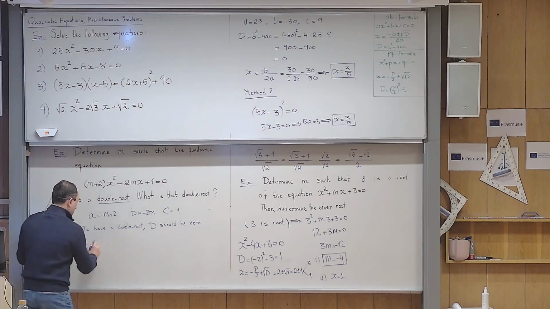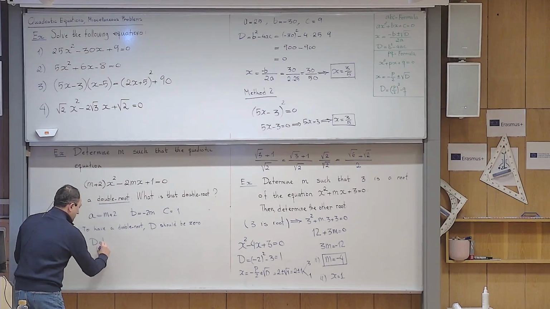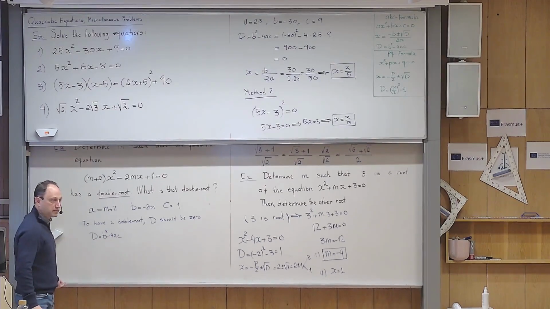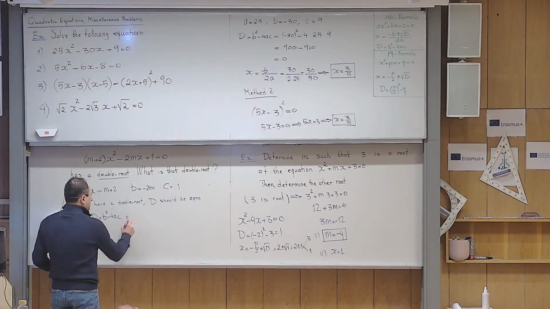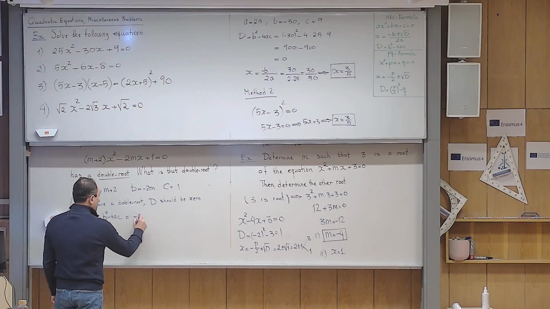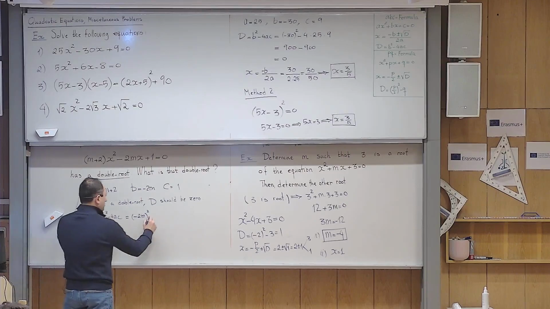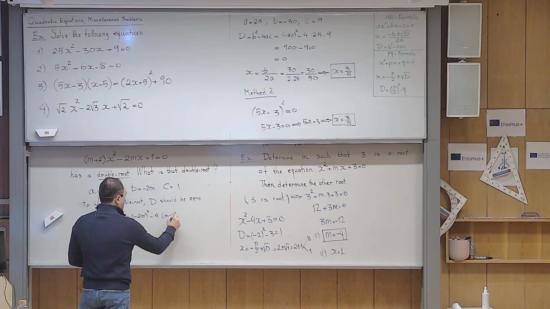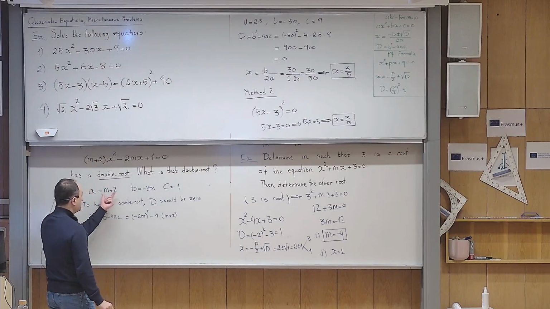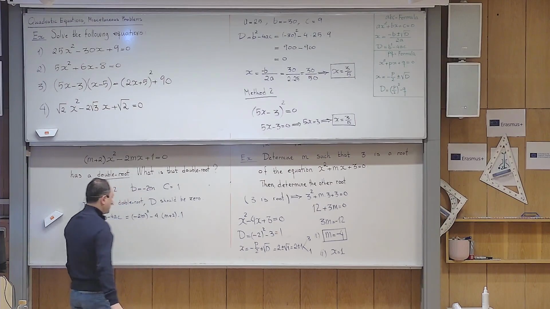What is D? D has a formula, which is b squared minus 4ac. So what is b? B is this guy. So it's (minus 2m) to the power of 2, minus 4 times a. I need a pair of brackets here because minus 4 is supposed to be multiplied by the whole a and then multiplied by c.